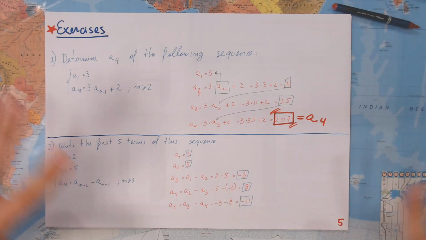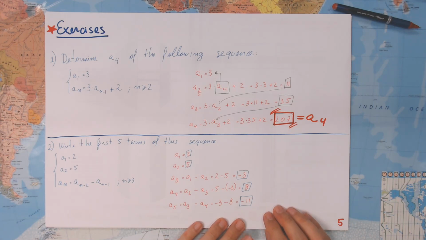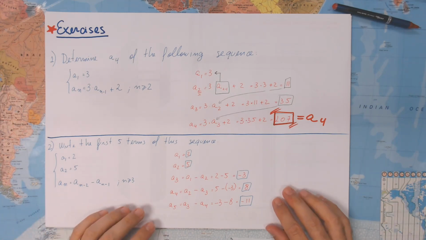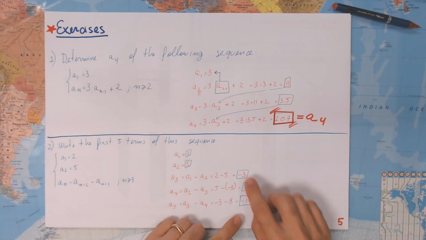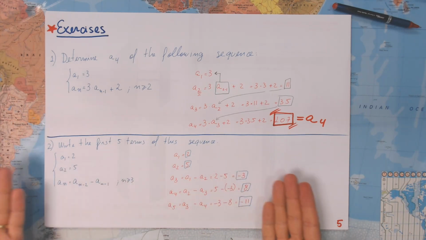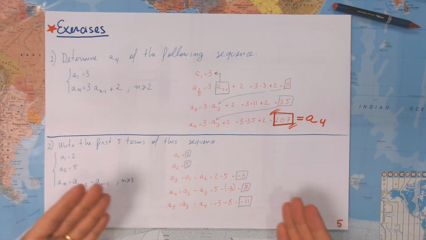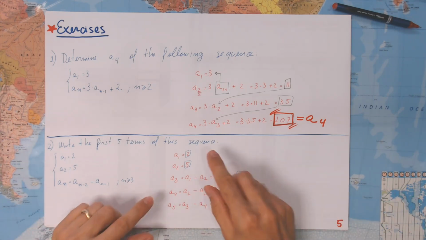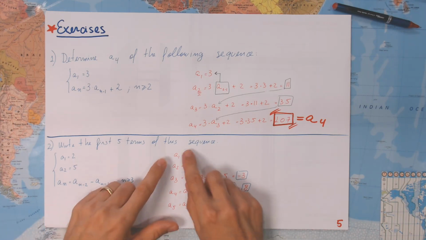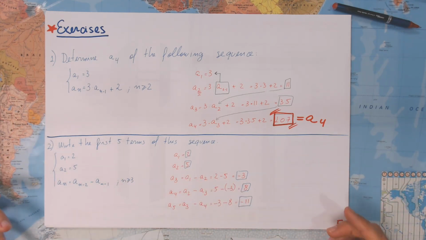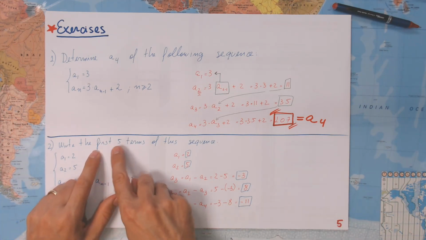Now let's put the answer. If you just leave the answer like this, depending on who is correcting your exam, if it's me, I'm not going to give you the full credit for it. Why not? Because it's not how you present something. Let's make it with order. Math is ordered. You can't just leave the numbers like this. What was asked? The first 5 terms.